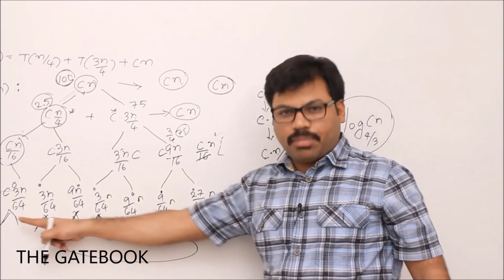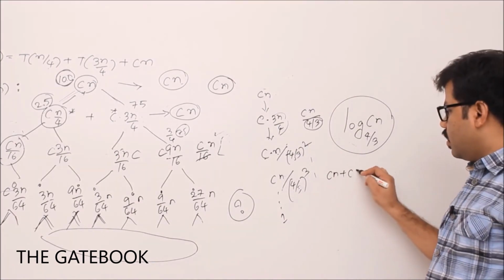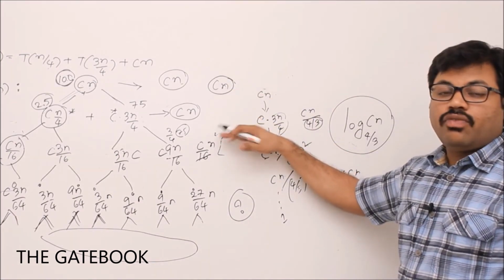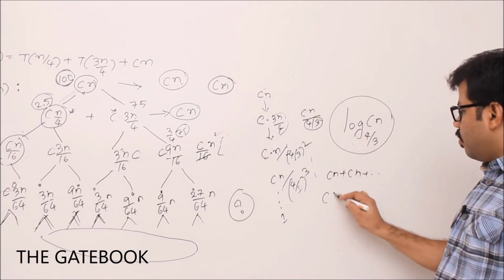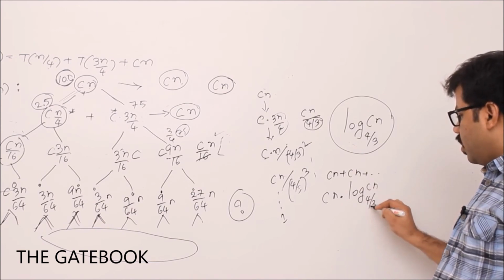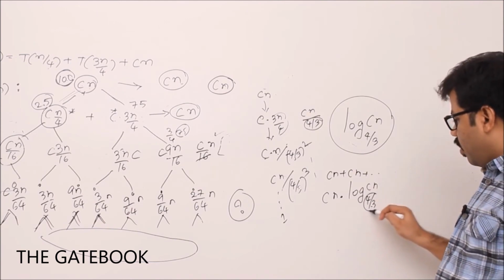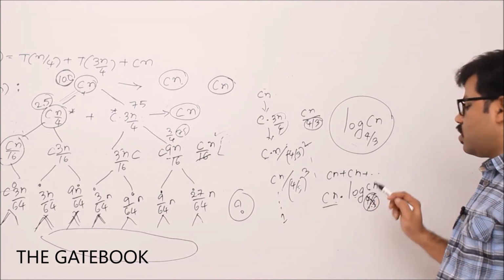If all the nodes are present in this level, then every time you get Cn, correct? Every level gives Cn. If you count Cn these many times, what does it become? Cn into log Cn, again base 4 by 3. So 4 by 3 is some constant base, we can ignore that base. It is again Cn into log Cn.